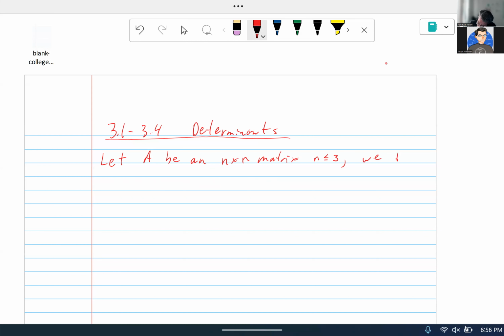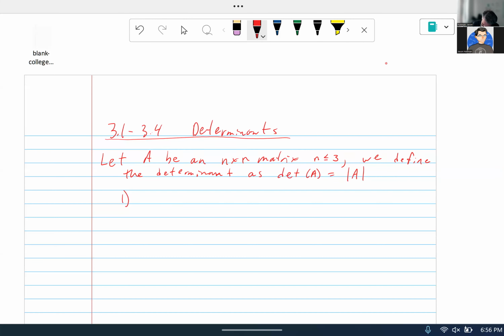We define the determinant of A, written with two vertical lines around A. Don't get this confused with absolute value. It is not absolute value.